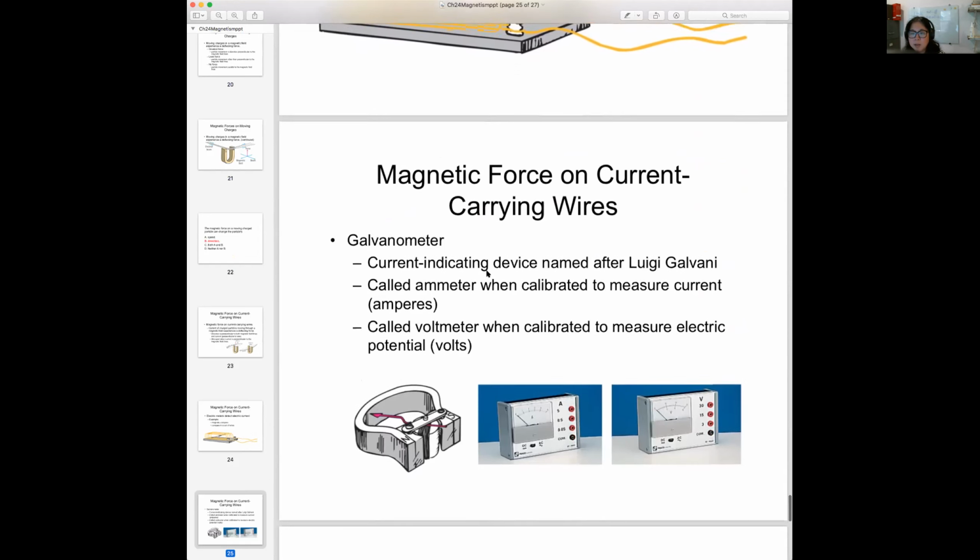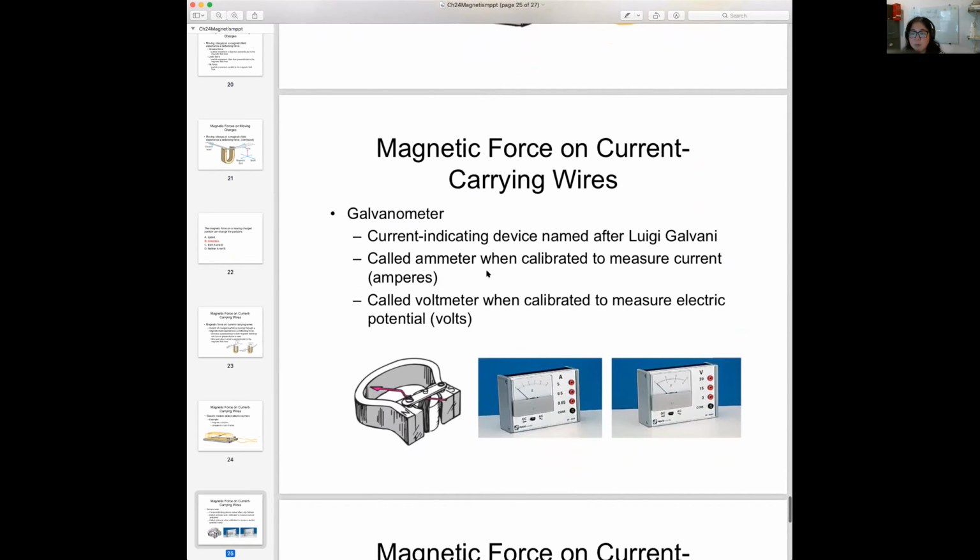You can also use magnetic force to find how much current, and therefore how much voltage, is running. So ammeter, voltmeter. Here you have a number of coils in the magnetic field, north and south. If you have a lot more coils running a lot more current, then the amount of magnetic force applied will change.